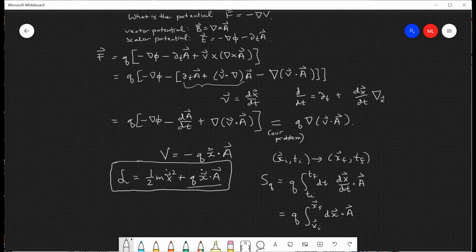So we're again taking some path in time, x of t, and we're just changing variables in the integration, and you can write that integral in terms of the integral along the path described by x as you go from the initial position to the final position. So that's what it has to be.